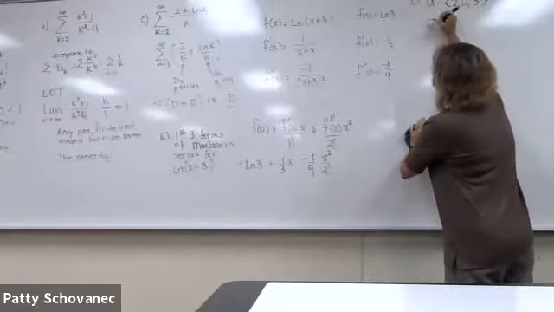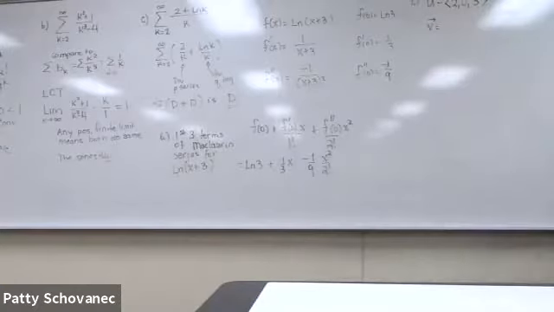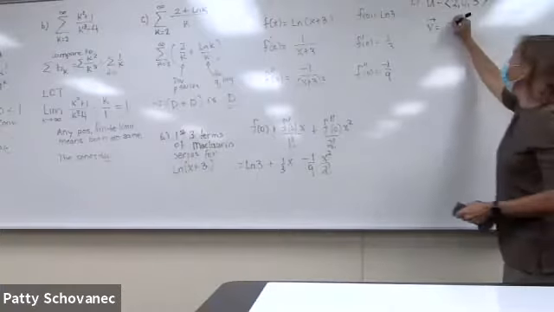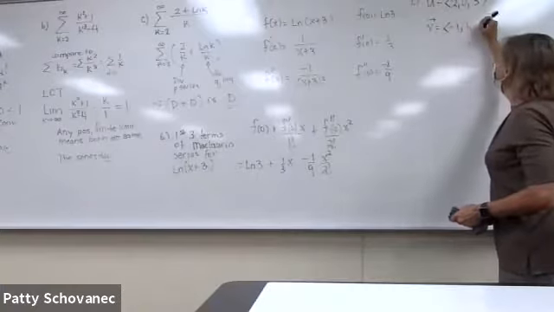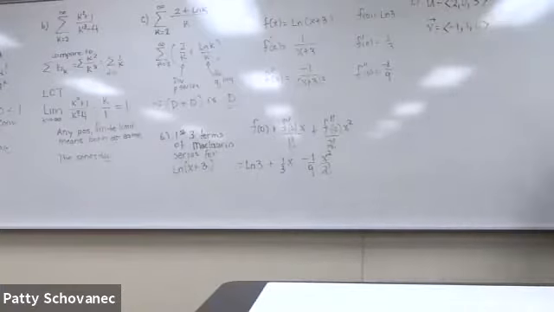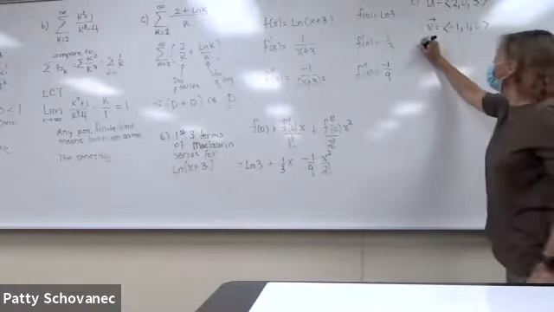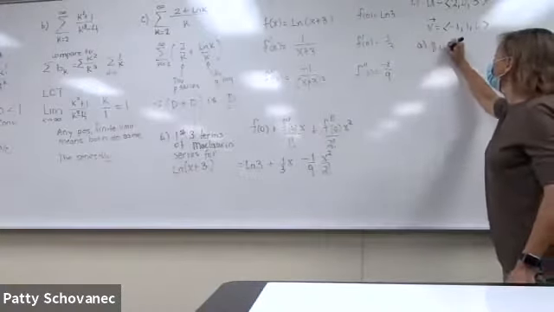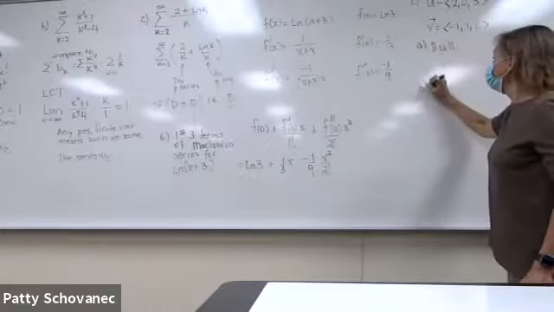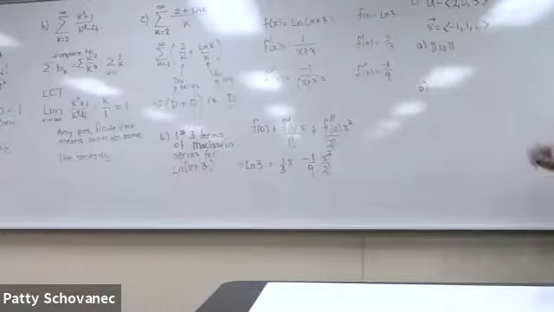A vector v has as its components negative 1, 1, 0. You are asked to find the magnitude of u. You are asked to find u minus 2v.